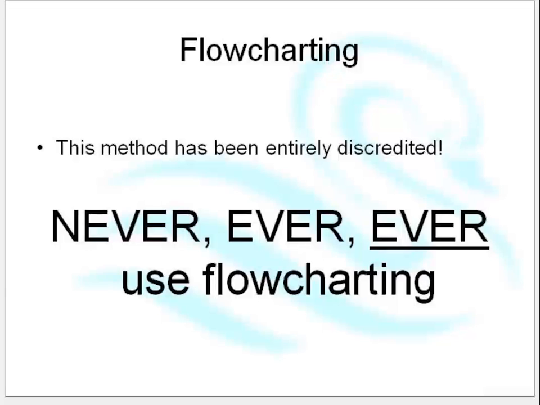So the rule came out around the 1990s that you must never, never, never, ever use flowcharting, because flowcharting leads to labels and jumps, and labels and jumps lead to infinite loops, and infinite loops lead to things blowing up.